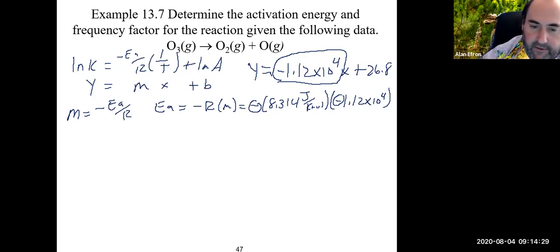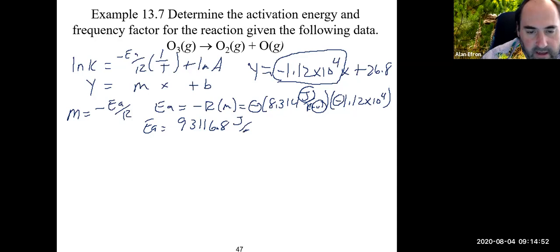So we take 8.314 times 1.12 times 10 to the 4th. Going to give us an E of A of 93116.8. The units here are actually joules per mole. So this is joules per mole, which again, activation energy is usually given in kilojoules.